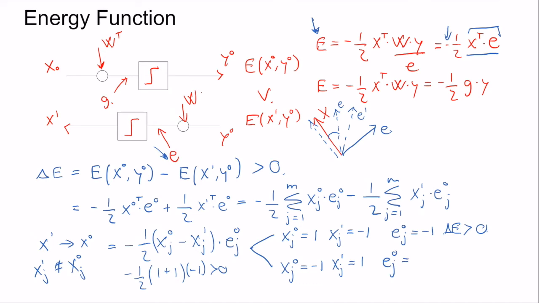And then we can check that minus 1/2 of minus 1 times 1 is also positive. So E is also positive, which means that this thing here holds. The energy at the initial state is larger than the energy after just one iteration.